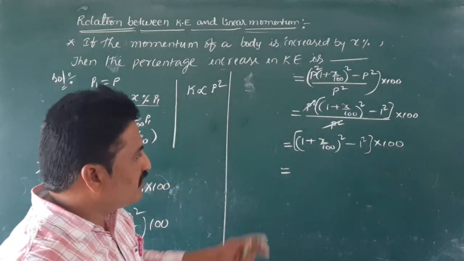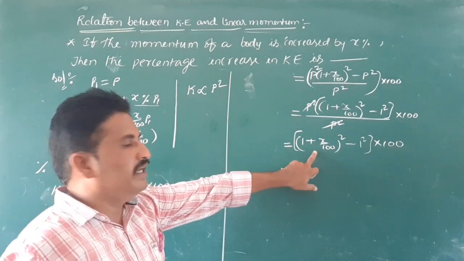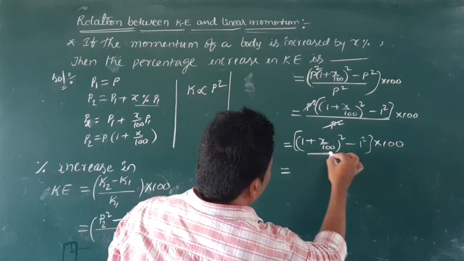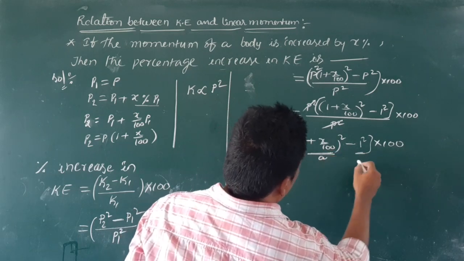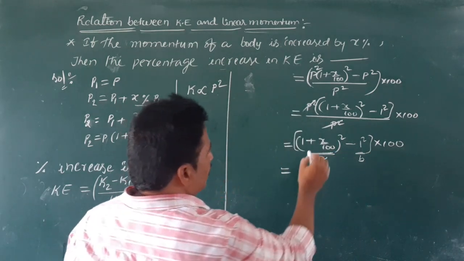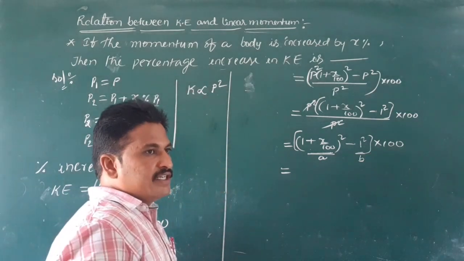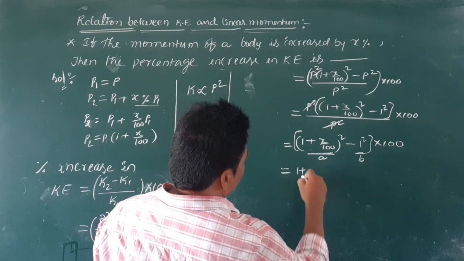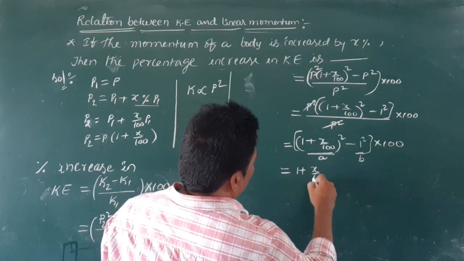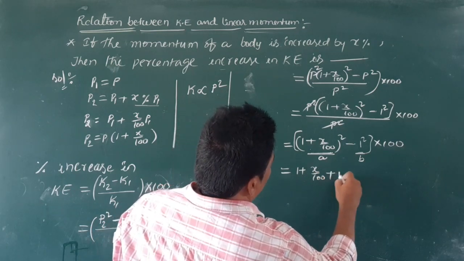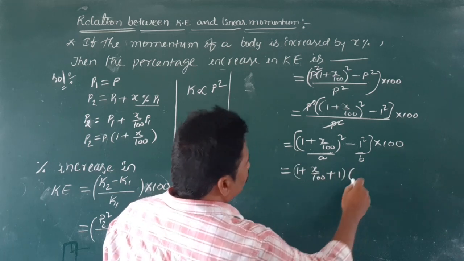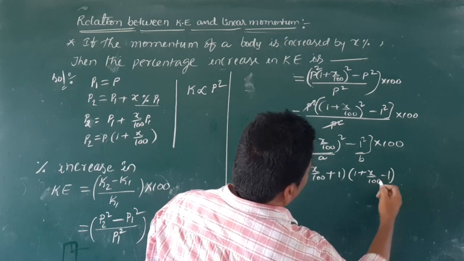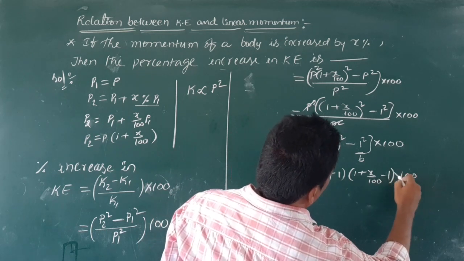Here, students, assume it is in the form of a square minus b square, where this is a and this is b. From that, a square minus b square is equal to (a plus b) into (a minus b). So this can be written as (a plus b) into (a minus b) into 100.